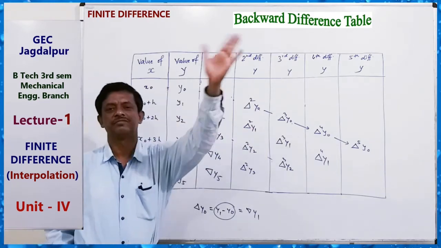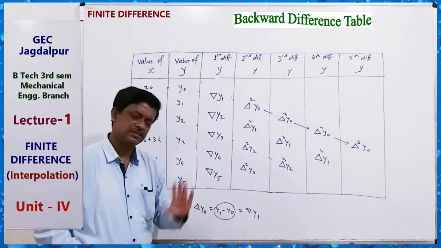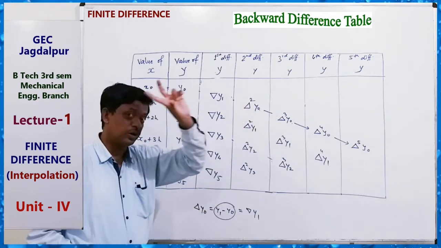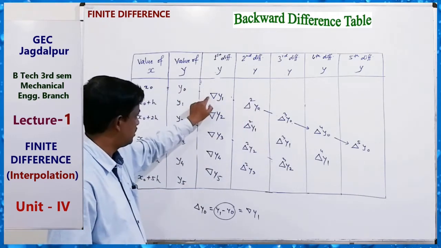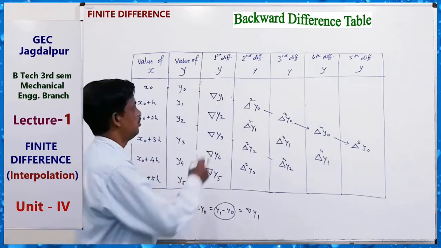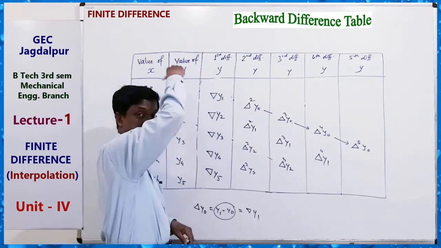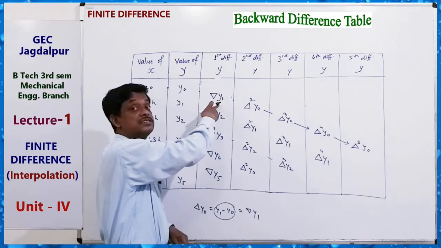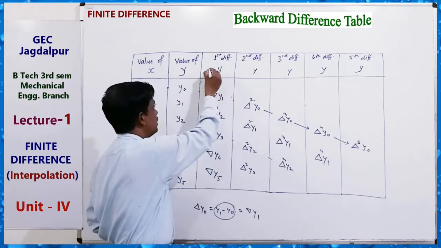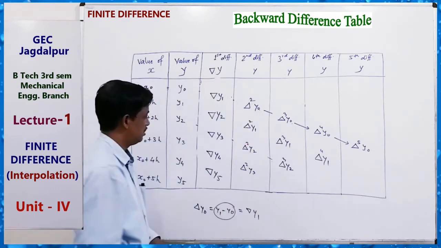Table creation is very simple, just the same process. But the notation, this value will be what? Backward del y1. The previous time, it was the 0 notation. So here, first backward differences are there.